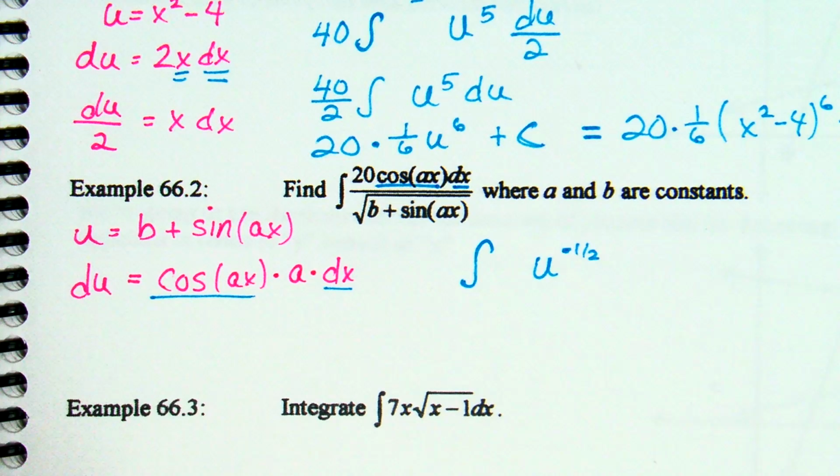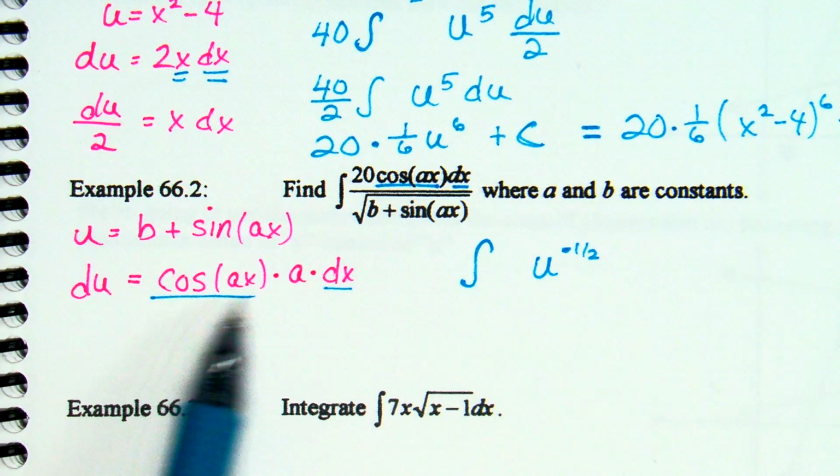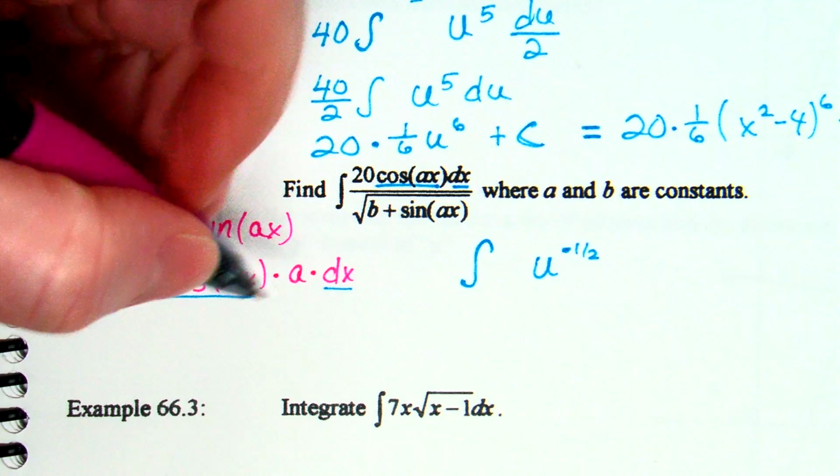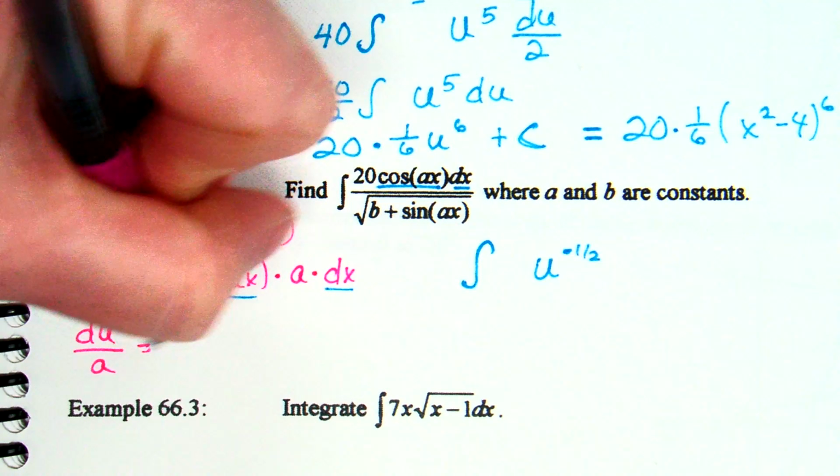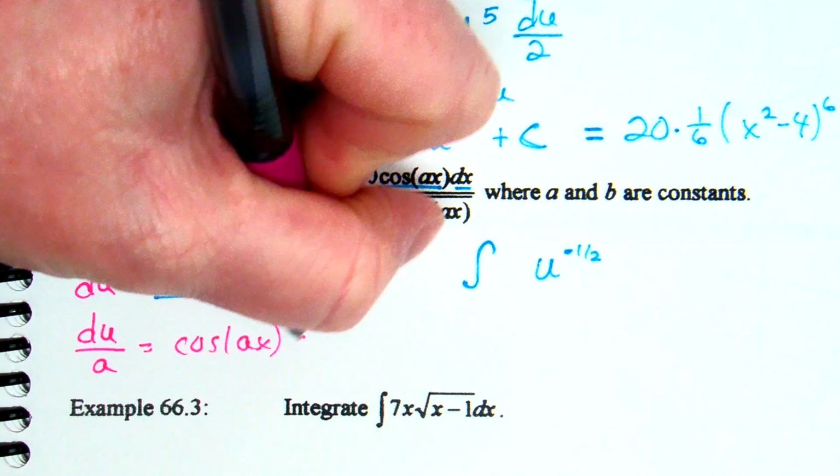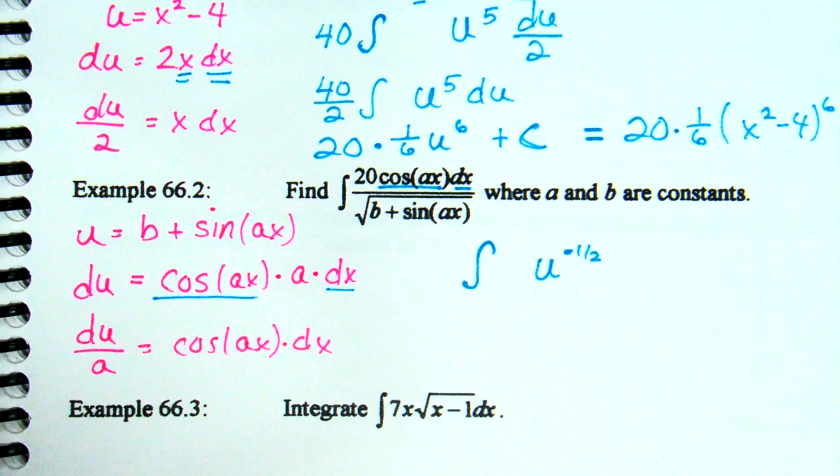What doesn't match up? The a in my derivative doesn't match up, so what am I going to do with that a since it doesn't match? So this, everything is replaceable, so divide the a over. I'm going to have du over a equals cosine of ax times dx.